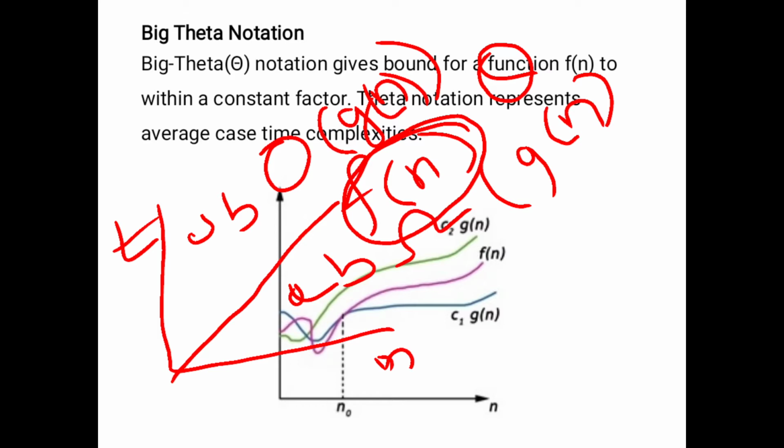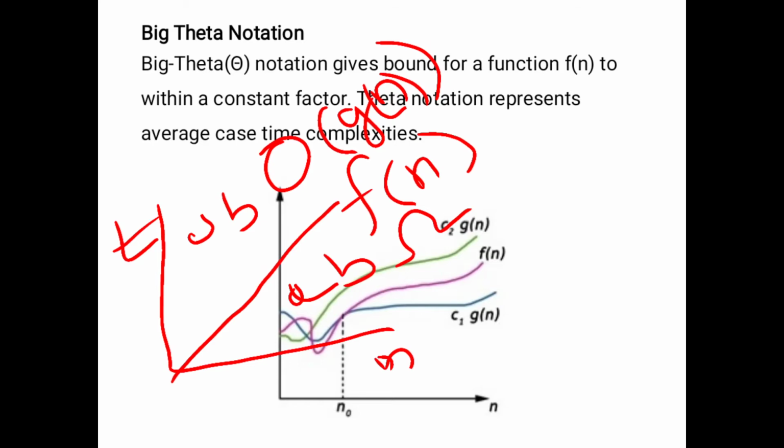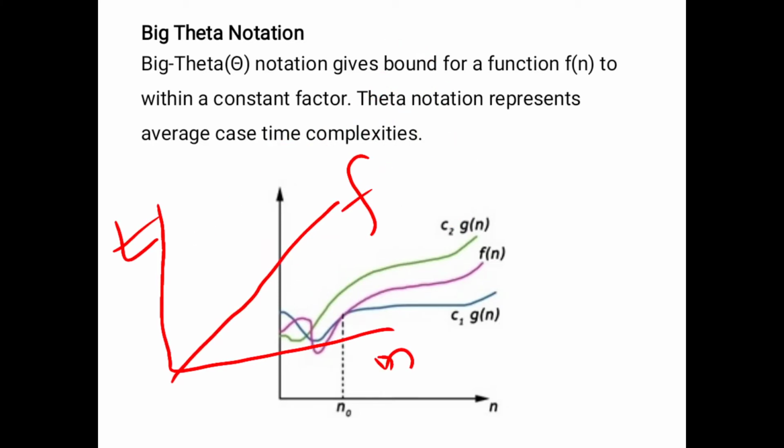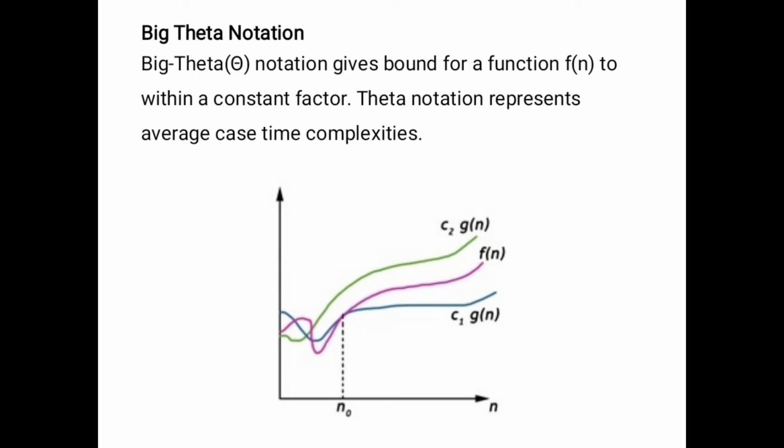Both bounds are bounded to form a big theta notation. So that is the concept. Then this big theta notation also represents average case time complexity. So you already know what average case time complexity is: a specific time, otherwise middle time, that means average time complexity.